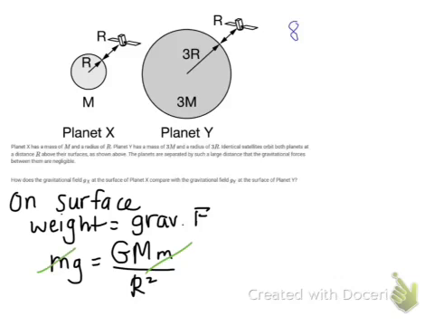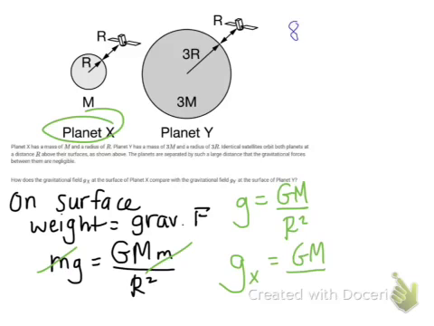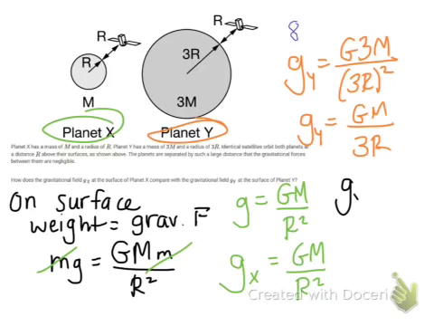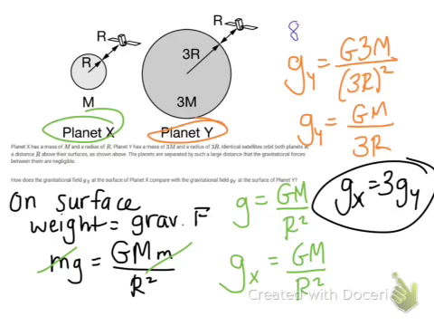The mass of the object doesn't matter, so then you end up with g equals GM over r squared. For planet X, the mass is m, the radius of the planet is r, so that is your value for g on X. Do the same thing for planet Y, and you end up with g on Y is 1/3 of what it is on planet X, so g on X equals 3 times g on planet Y.